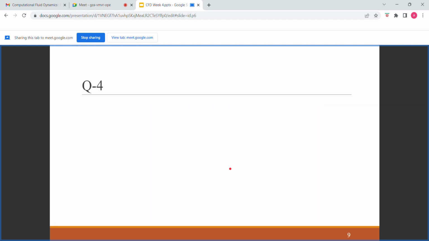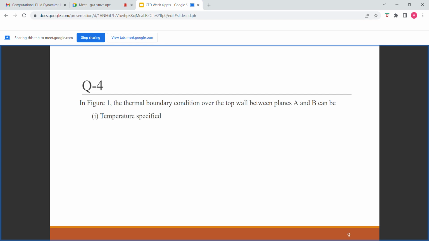So we'll move on to question 4. In figure 1, the thermal boundary condition over the top wall between planes A and B can be temperature specified, heat flux specified, or heat transfer coefficient specified. Figure 1 is the problem statement or case under consideration for us.